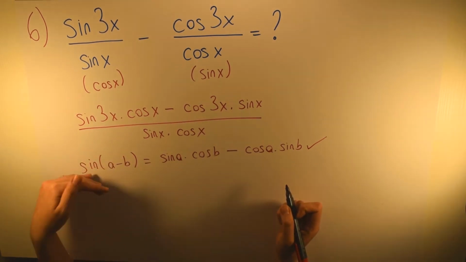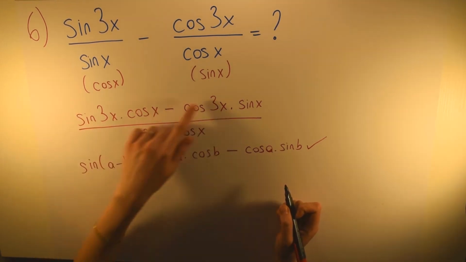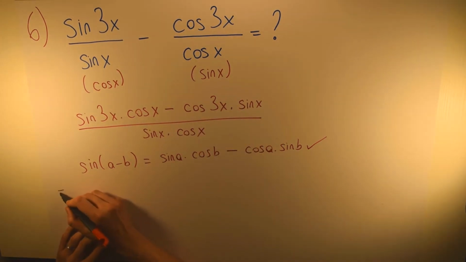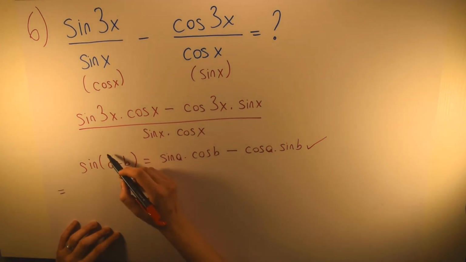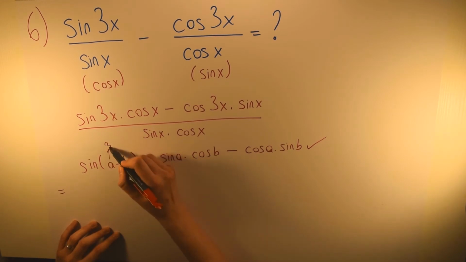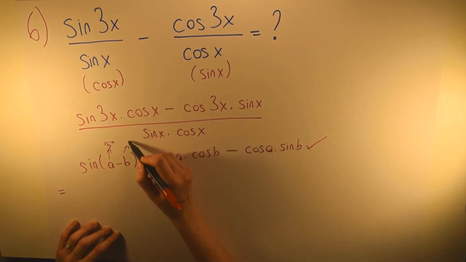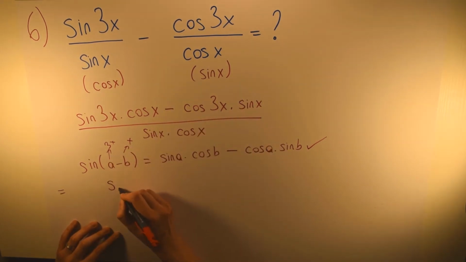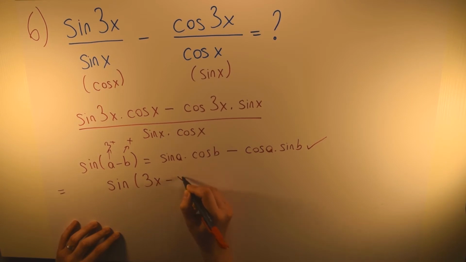So it means that instead of this expression, I can write here A is our 3x, B is our x, right? So instead of this expression, I can write this as sine 3x minus x.